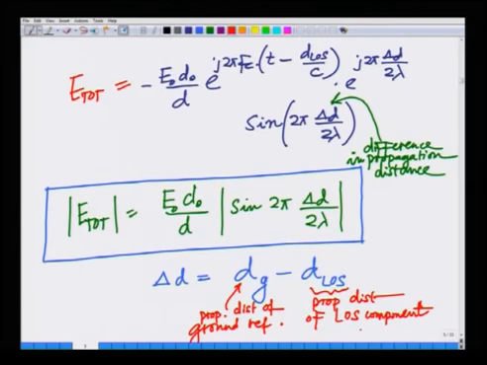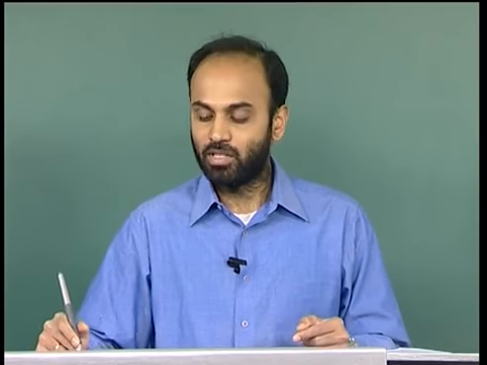Okay. So now what we have to do is simplify this expression further, which means I want to simplify this delta d, which is the difference between distances dg and dLOS. So first I will start by computing both dg and dLOS.